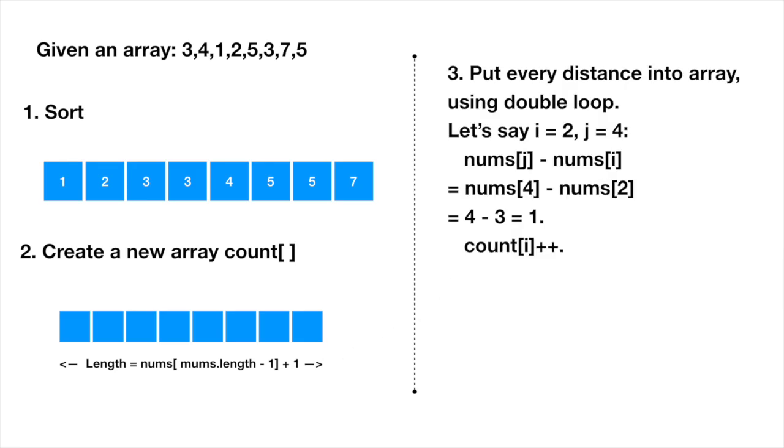The third step, you should find out all of the distances and store them in this count array. For example, the element 4 and element 3, their distance is 4 minus 3 equals 1. So the count at index 1 should increment.